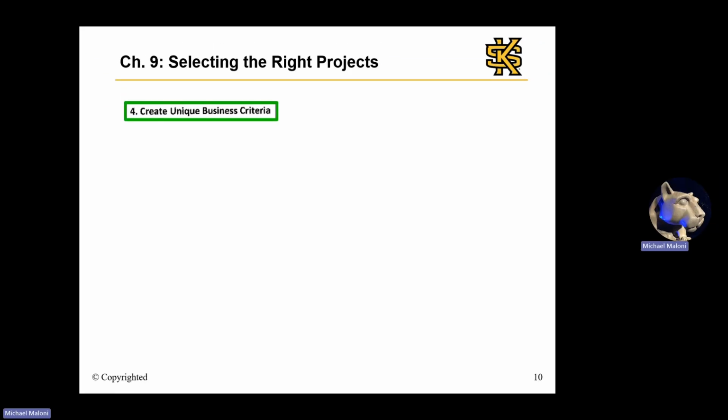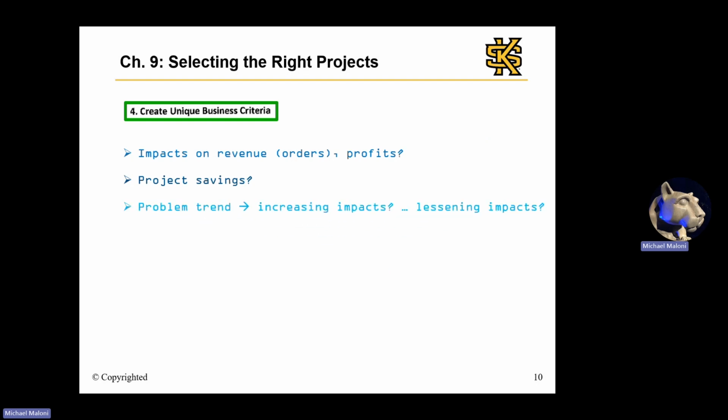Number 4 is create unique business criteria to further dig into project potential. And examples might include impacts on revenue and customer orders, as well as profits, the potential project savings, as well as the problem trend. Are the impacts increasing or perhaps lessening?